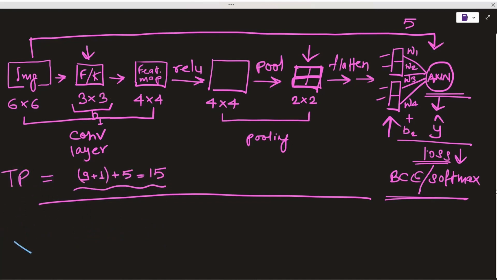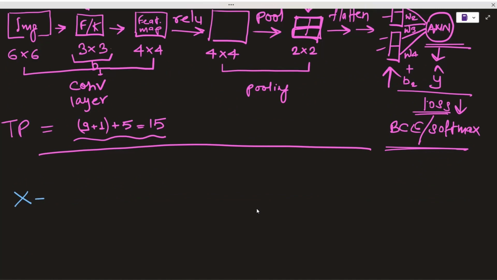So let's say that you have an image X and you apply the convolutional operation on top of this. So let this be the symbol of the convolutional operation, which is happening with the help of a kernel matrix or filter that has some weights and that has a bias as well. And after doing this convolutional operation, you get a feature map and let's call that X1.